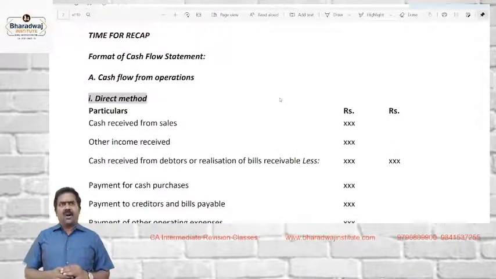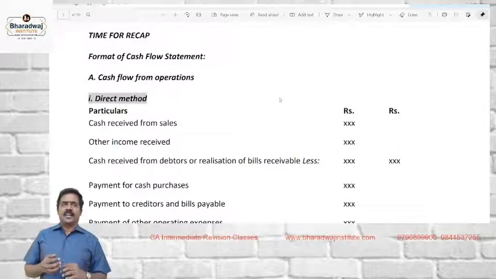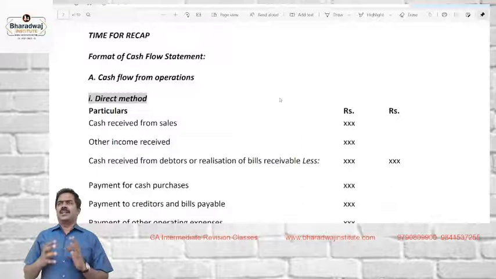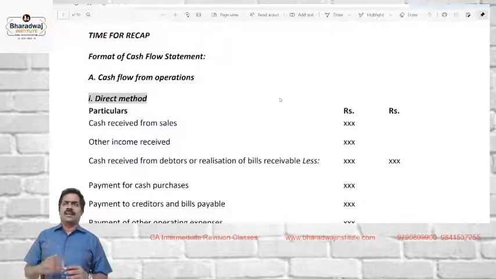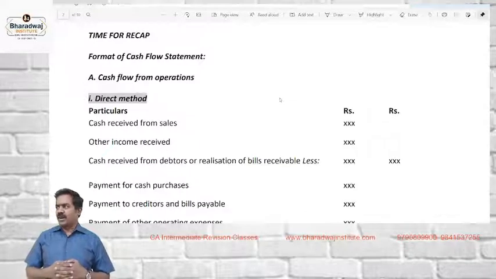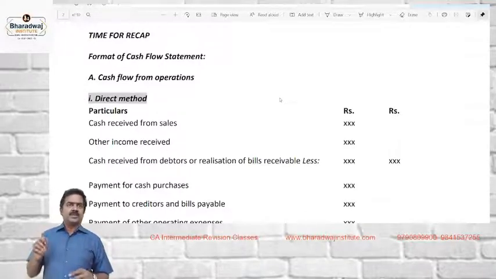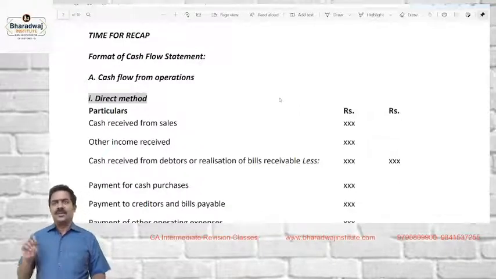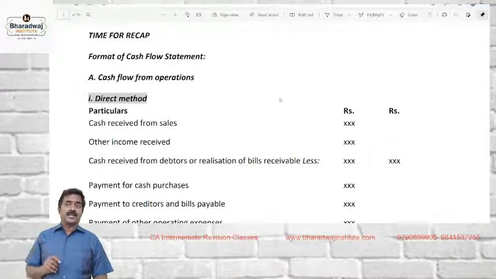All operating payments made. It can be cash purchases, payment to suppliers, or any other operating expenses: wages, salaries, rent, insurance. We call it operating activity outflow. Please remember, we are preparing the cash flow statement, so are we going to do accrual basis or cash basis?